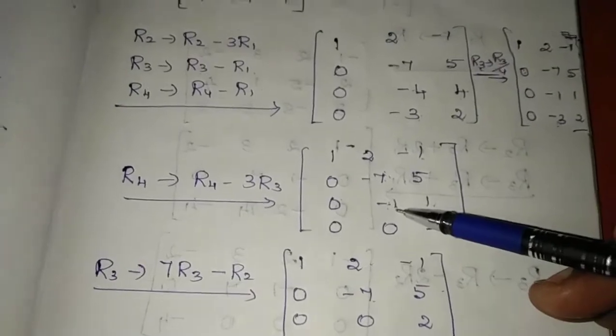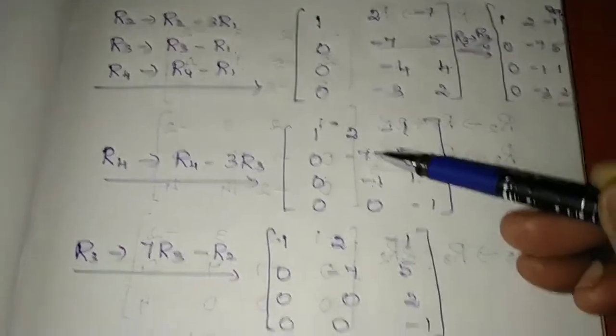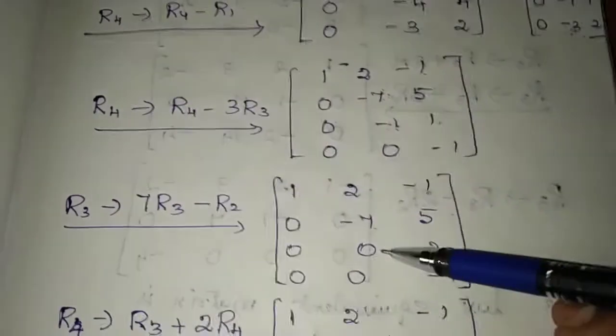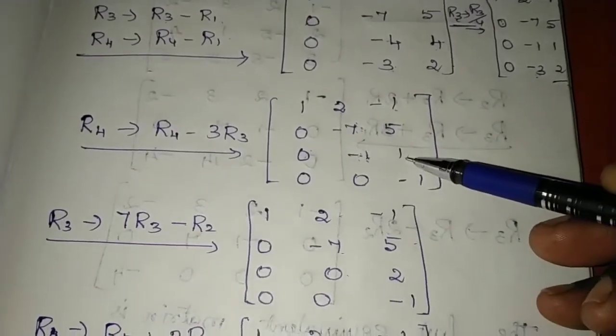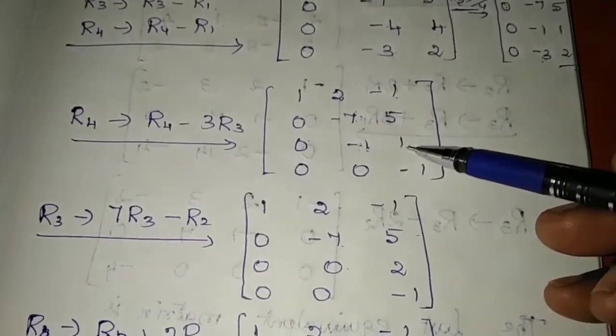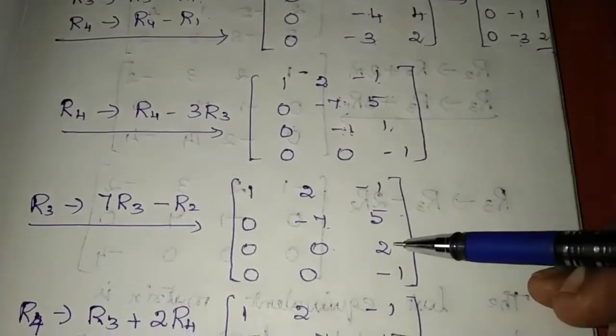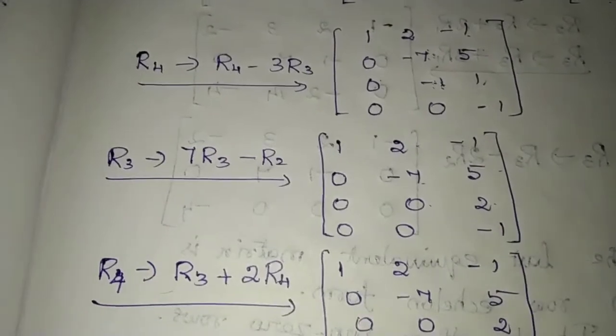Here 0. Here multiplied by 7, minus 7, plus 7, 0. And here multiplied by 7, 7, minus 5, 2. And fourth row no changes.